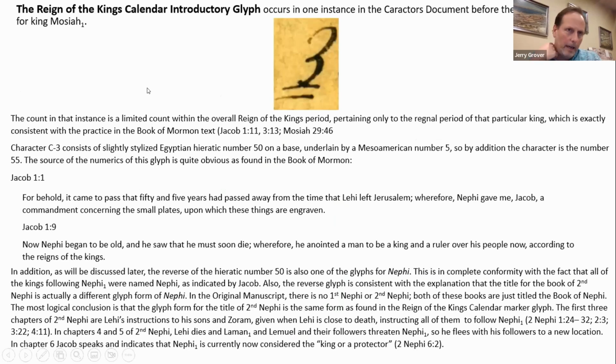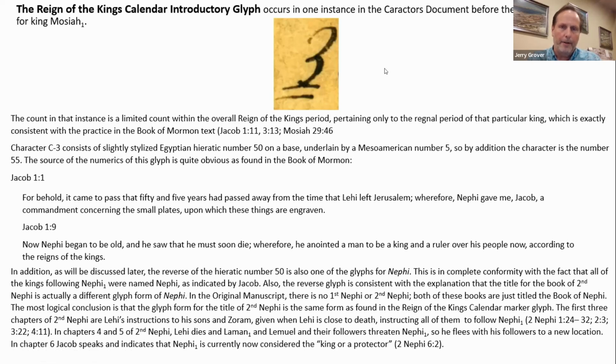So the next one we have is the Reign of Kings introductory glyph. This is found in front of the date that corresponds with the Reign of Kings. If you might recall, this was a 50 in the number system. That's a 5, a bar can be a 5, elevated 5.